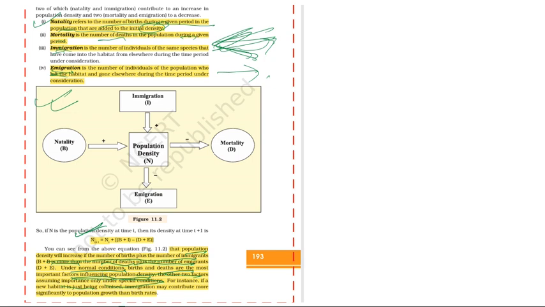Okay, so next part says, for instance, if a new habitat is just being colonized, immigration may contribute more significantly to population growth rather than birth. It is natural. See, moon, there is no life as of now. So in the future, if we discover some traces of life, then our scientists will go there and work there.